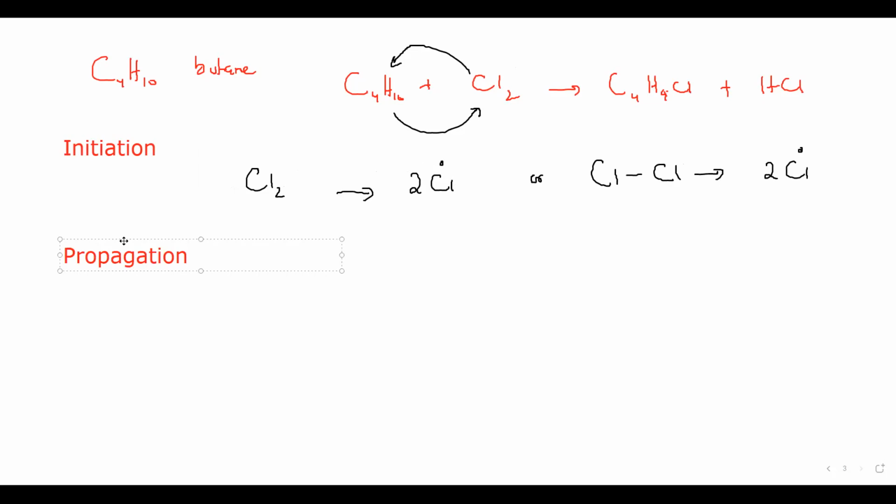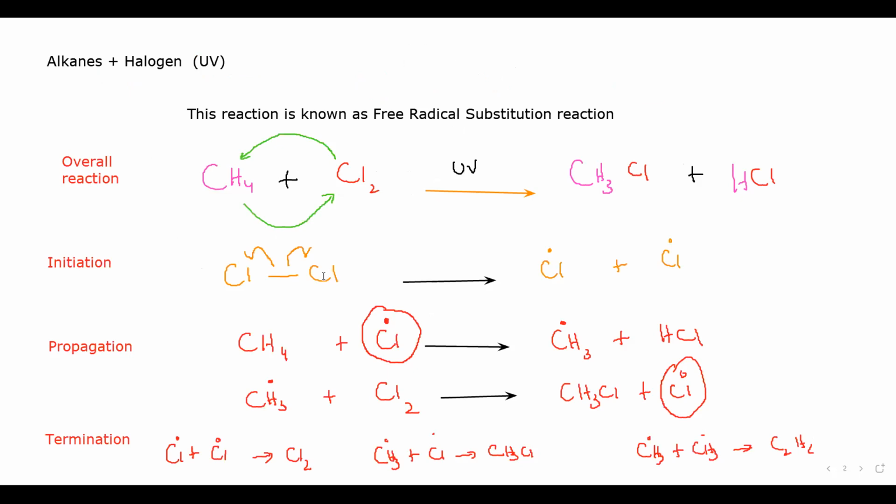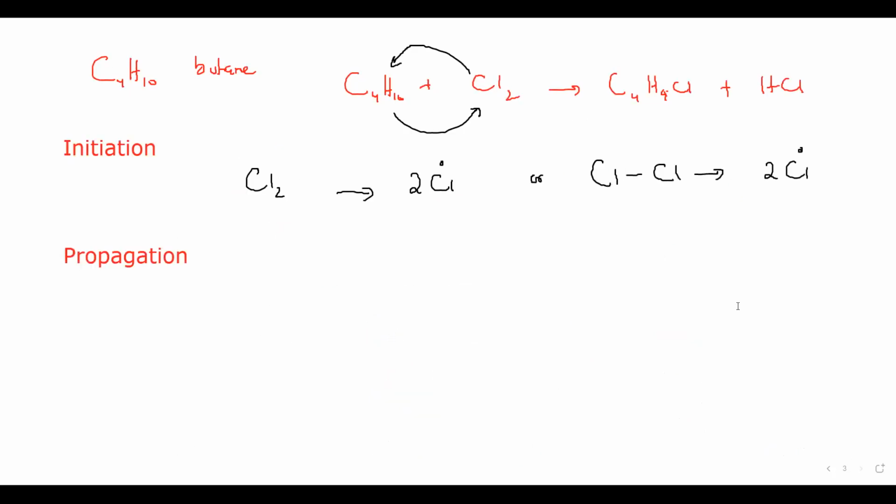It's a general way. When methane was there, it was methane plus chlorine radical. But now we don't have methane, we have butane. So what will be the steps? It will be butane, C4H10, plus chlorine radical.